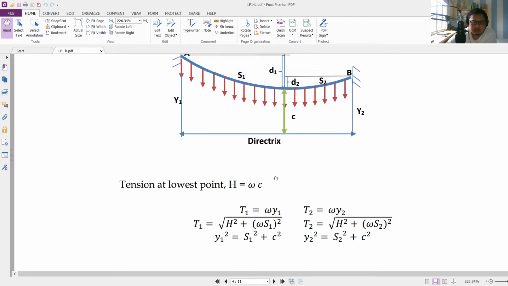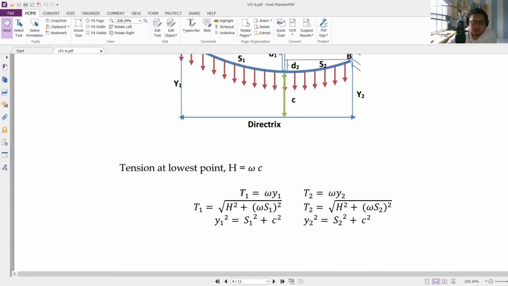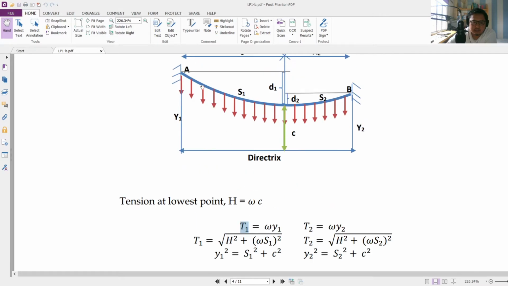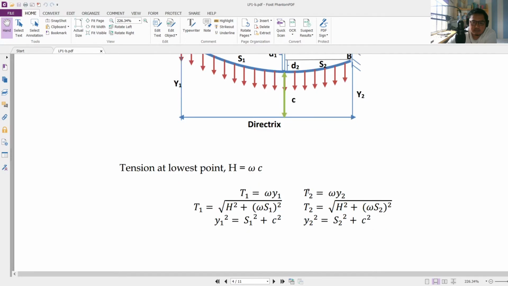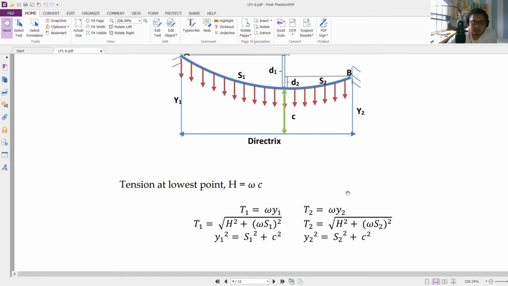So T1, the tension at the left support at point A, is equal to the load per unit length times y1. It is just the same for the right support: T2 is w times the vertical distance y2. Of course, we should pair these.